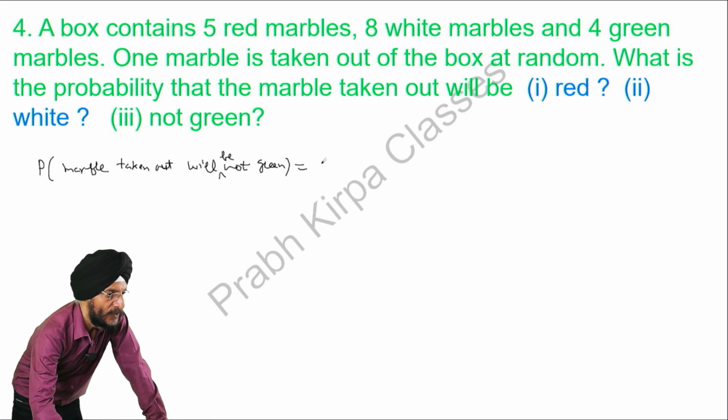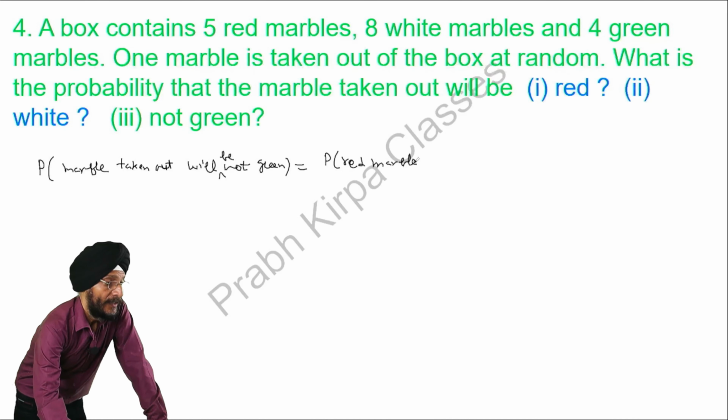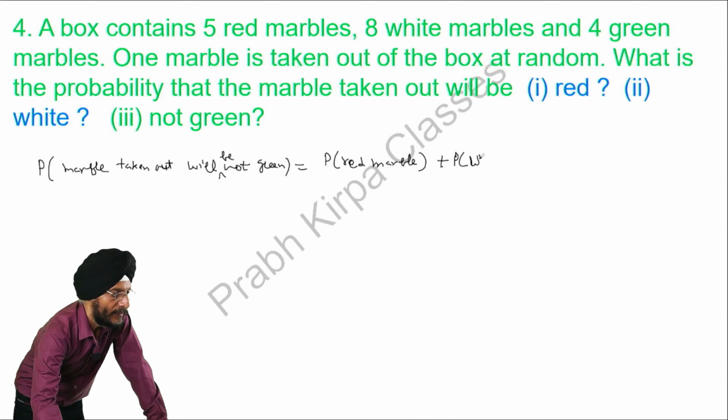In other words, we have to calculate the probability of getting red marble plus the probability of getting white marble.